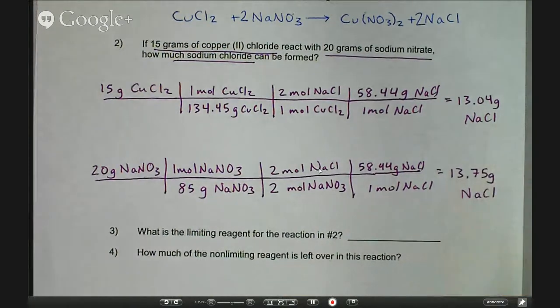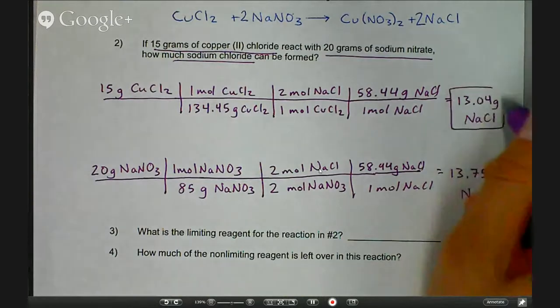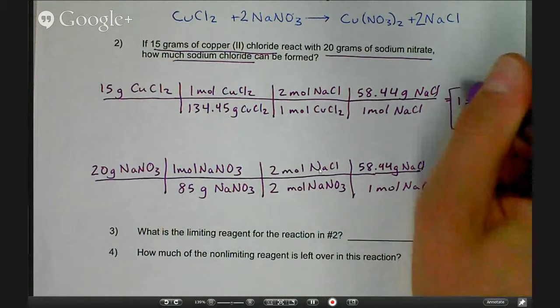So remember, the limiting reactant gives us the least amount of product, and the least amount of product here is the top one, 13.04 grams of sodium chloride. That's the amount that is formed.